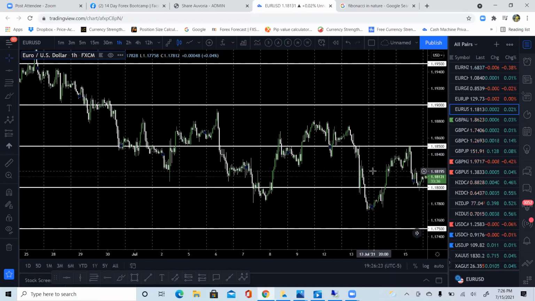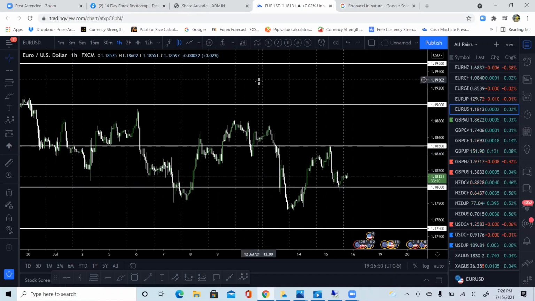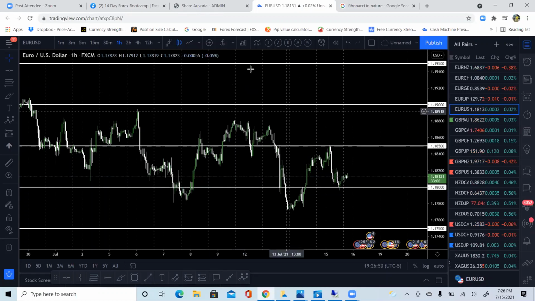Now, I don't trade just off of quarter points, or whole or half points. These are just something that I use to help confirm a trade. But you see that same thing happen where this trade here hit that on the spot this morning and went down exactly 50 pips to the next significant point. That's why this is important.